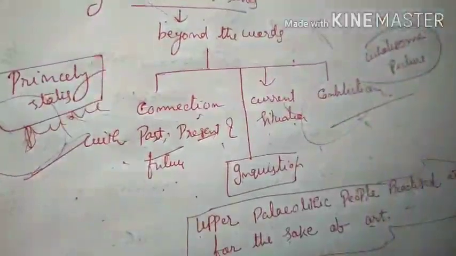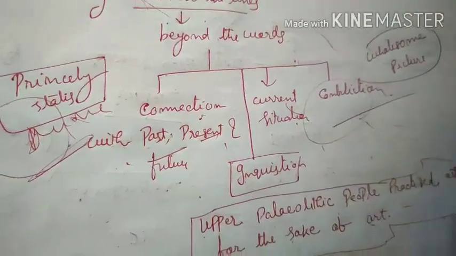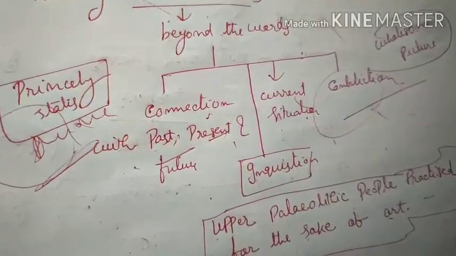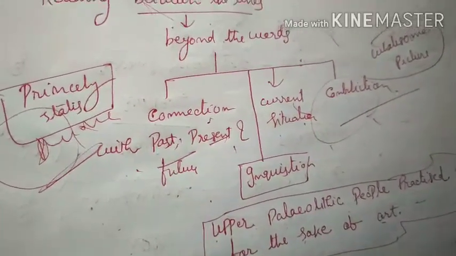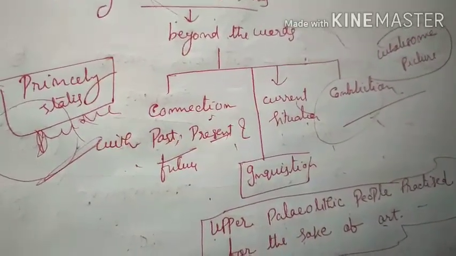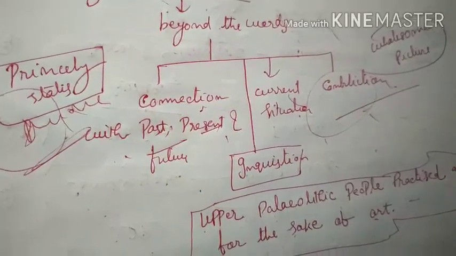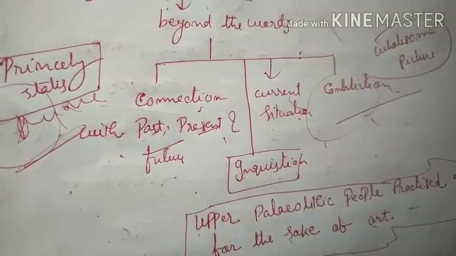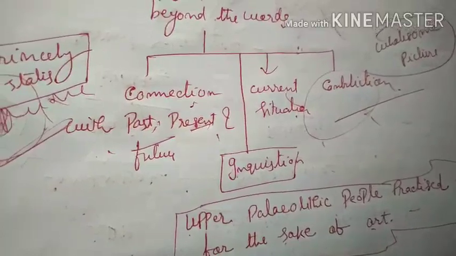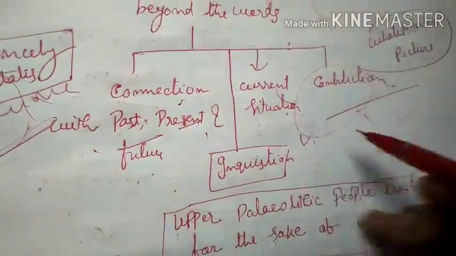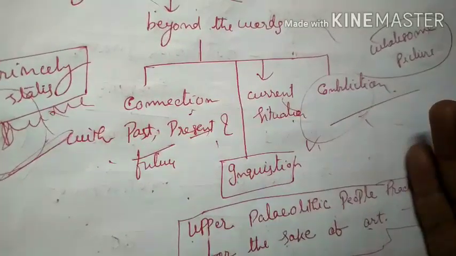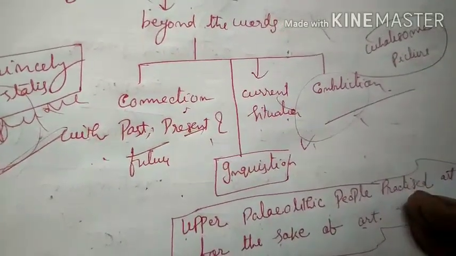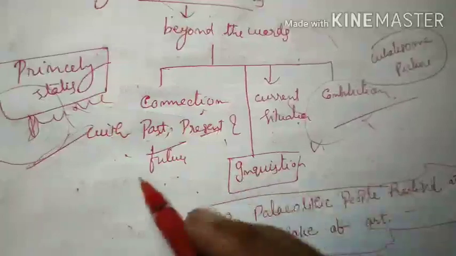We are reading some lines regarding princely states, but in terms of that indication, we have to find out what the origin of princely states is, what its present situation is, and what its future will be. In terms of the current situation, we have to find out whether the relevance of princely states brings any conflict. Right, these are only examples.